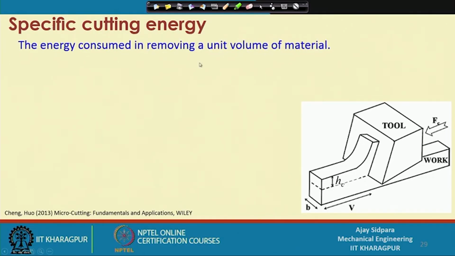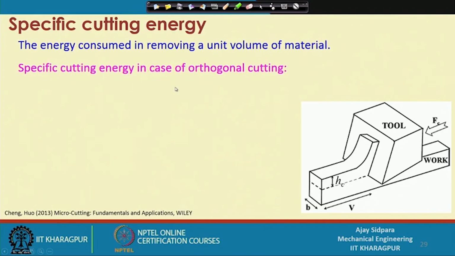That is called specific cutting energy, and in the orthogonal case this is the equation by which we can define it: Fc into V. That will give you the energy requirement, where B is the width, Hc is the uncut chip thickness and V is the cutting velocity.